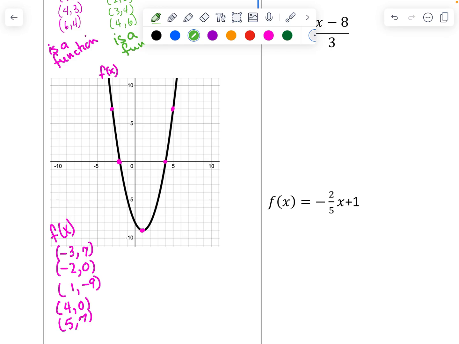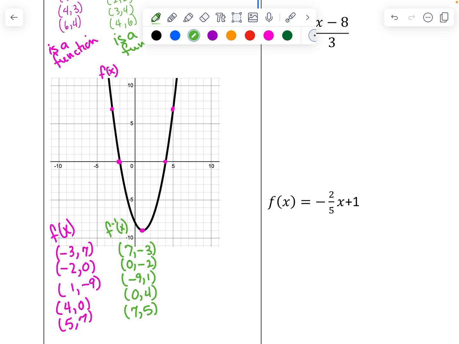So if I want points that are on the inverse function, I want to graph the point (7, -3). And I want to graph the point (0, -2). And I want to graph the point (-9, 1). And I want to graph the point (0, 4). And I want to graph the point (7, 5).